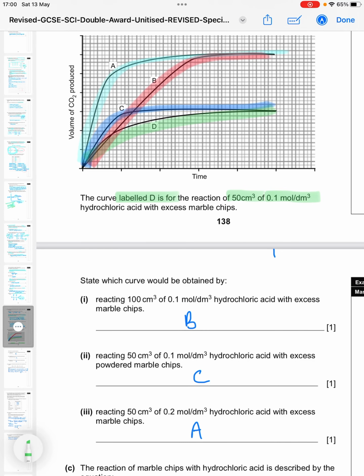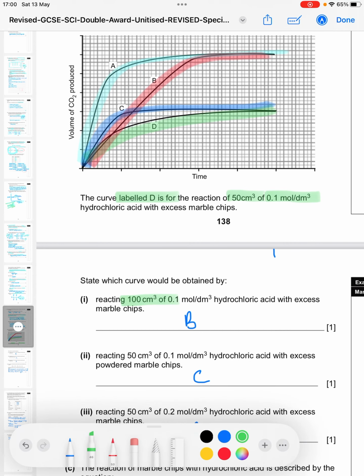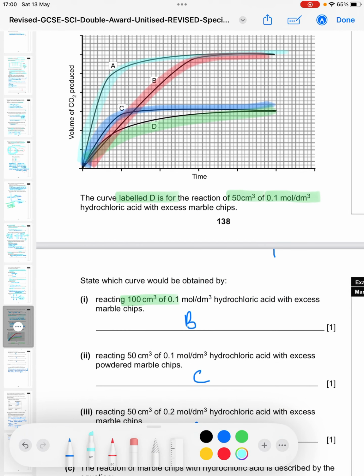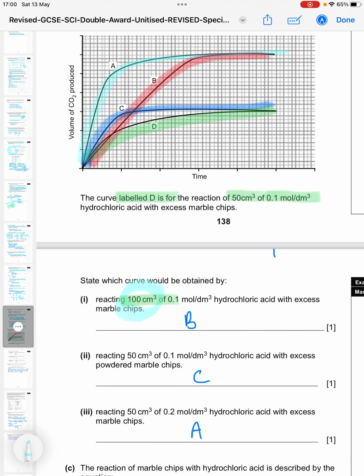So state which curve would be obtained by reacting 100 cubic centimetres of 0.1 molar acid with excess marble chips. So the difference here is that the volume of the acid has changed.